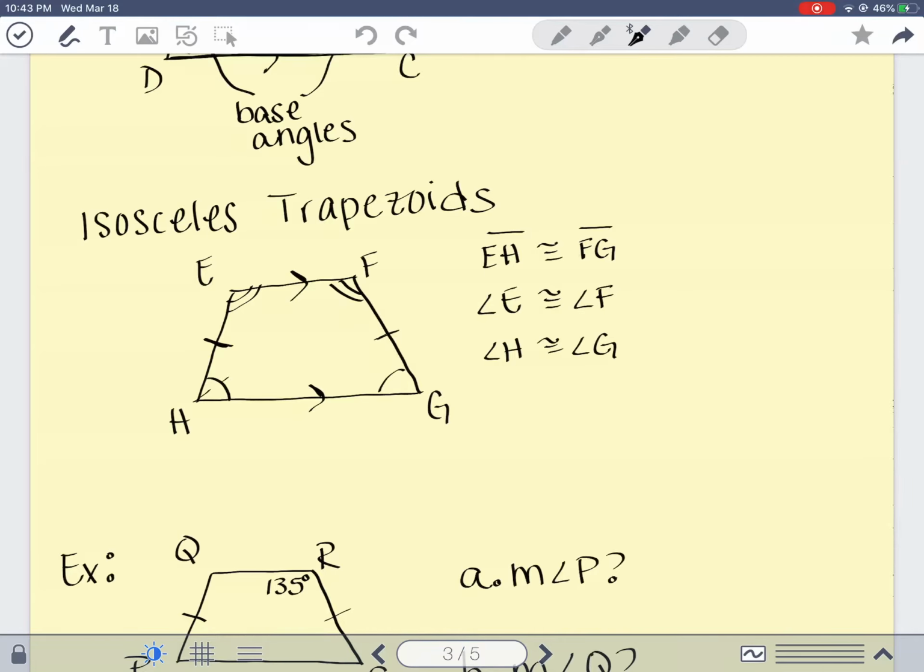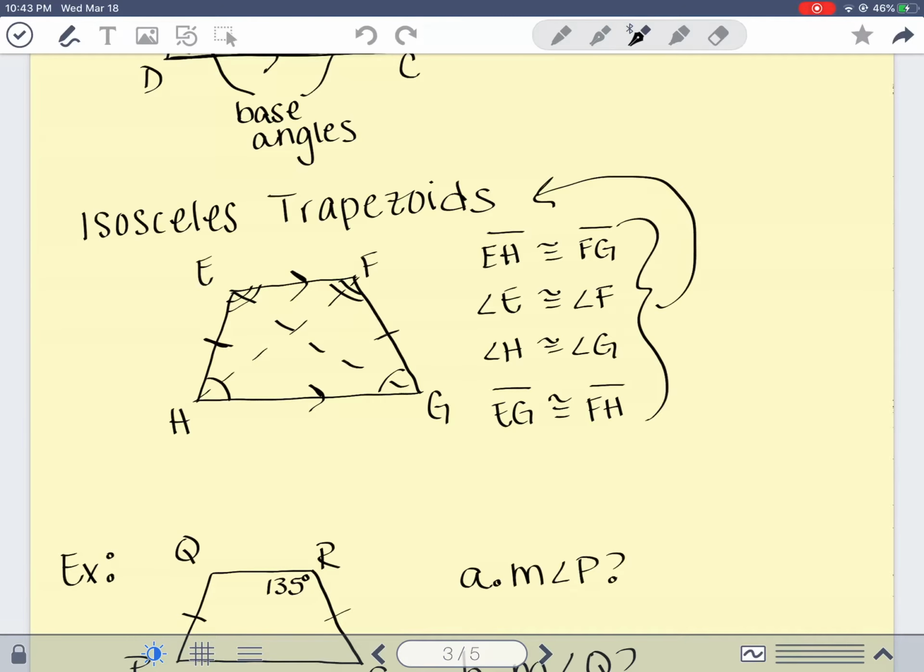Also, the diagonals here are congruent. So we have that segment EG is going to be congruent to segment FH. These are specific to isosceles trapezoids.